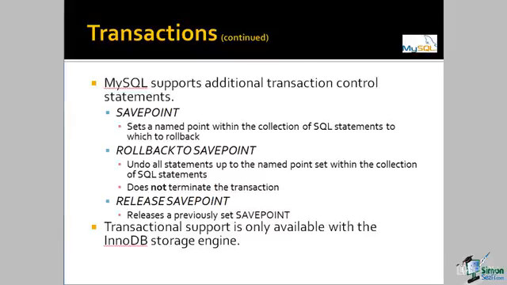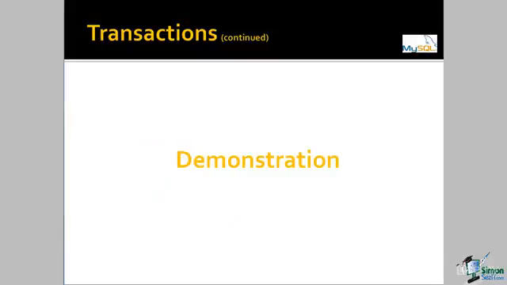So we have save point management keywords: setting a save point with the SAVEPOINT keyword, ROLLBACK TO SAVEPOINT, and RELEASE SAVEPOINT. Now it's important to note, as we've said when we discussed the different storage engines, that transactional support is only provided in the InnoDB storage engine. So let's go look at some code.